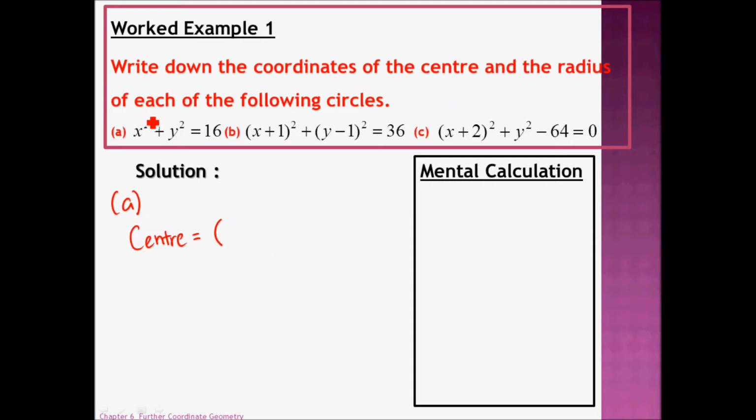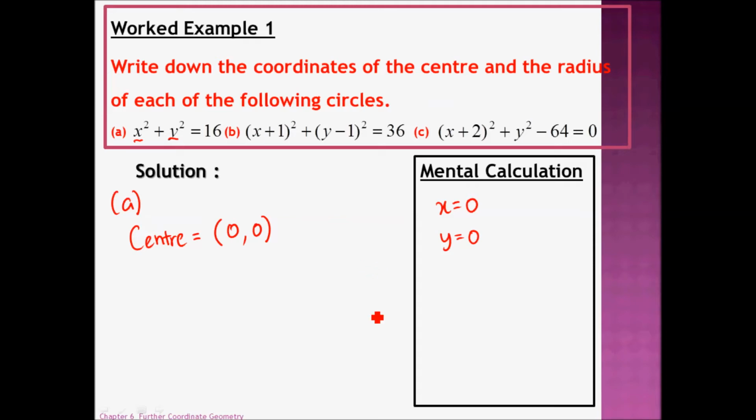To do that, I let x here equal 0. And there we have it: x equals 0 is the x-coordinate of the center. Next, to get the y-coordinate, I focus on y here and let it be 0. Again, I have the solution y equals 0 as the y-coordinate of the center.